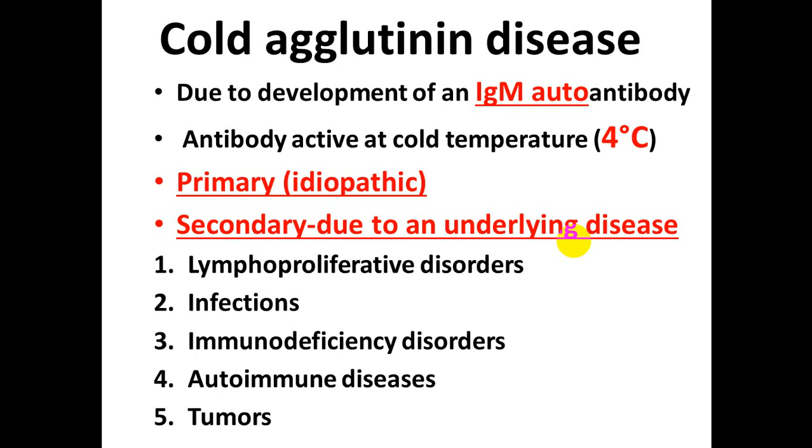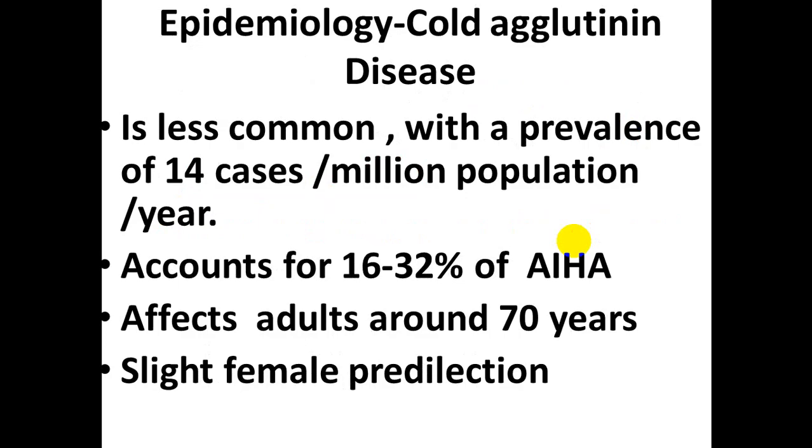Secondary to an underlying disease such as lymphoproliferative disorders, infections, immunodeficiency disorders, autoimmune disease, and tumors, the same as in autoimmune hemolytic anemia with warm antibodies. Cold agglutinin disease is less common, with a prevalence of 14 cases per million population per year.